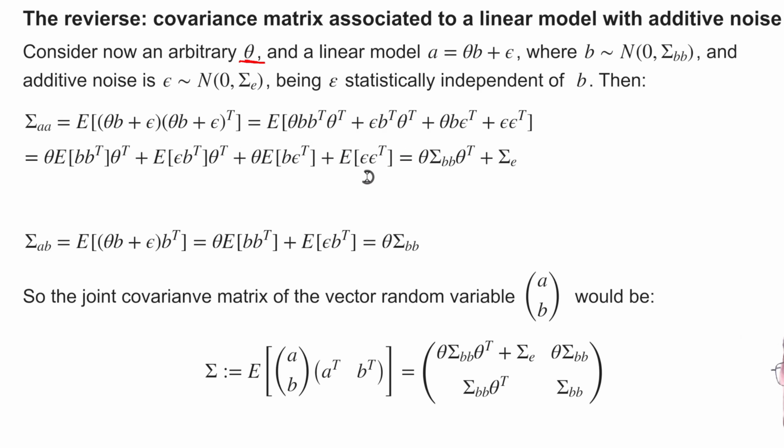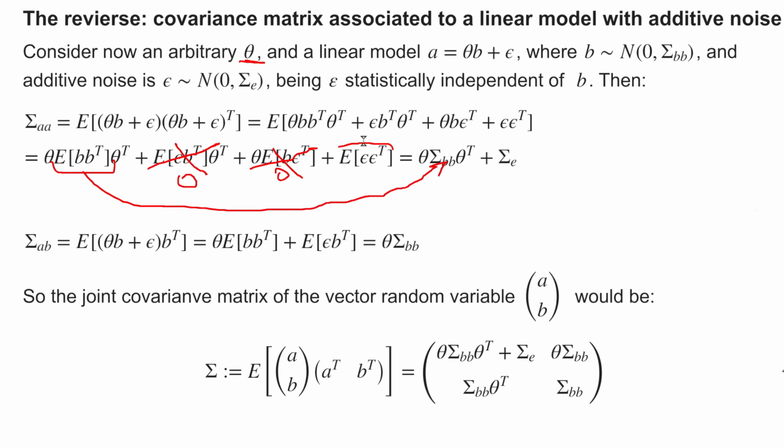Then, if we assume that the additive noise epsilon and B are statistically independent, then they have no correlation, no covariance. So this thing and this thing would amount to 0. And then this is the variance of B. And this last expectation is by definition the variance of this additive noise, sigma E.